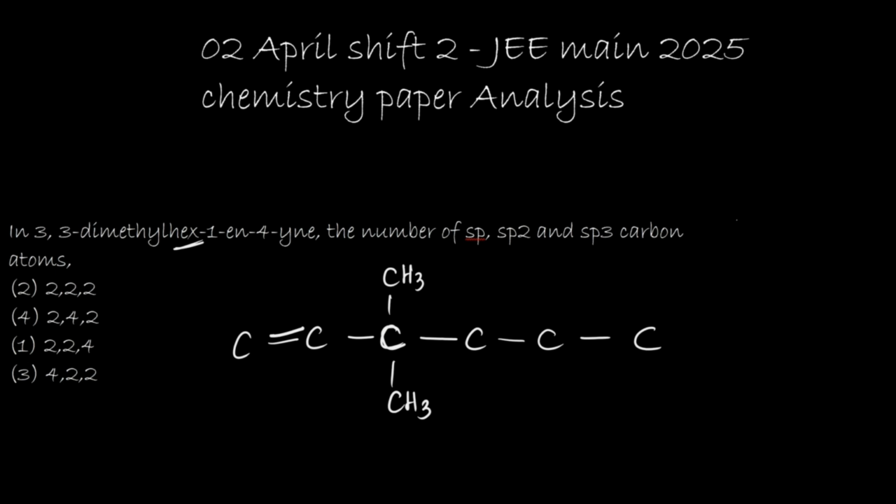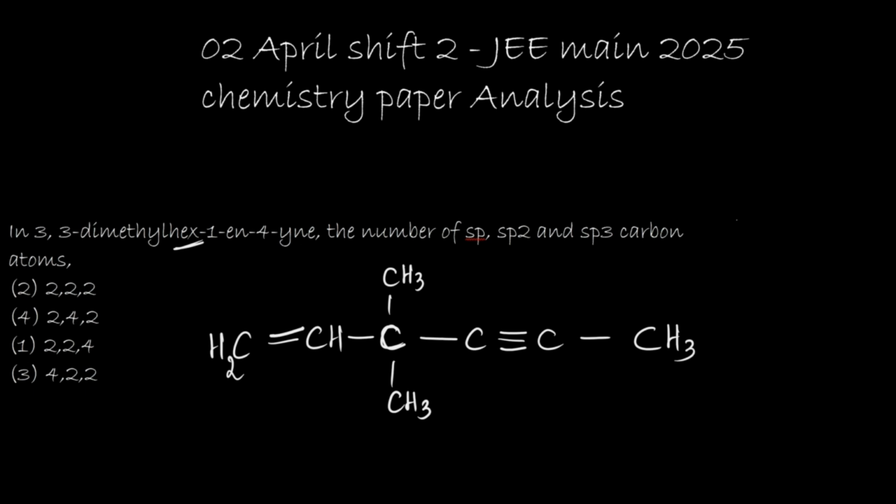Then this is 4-yne, right? Remaining are hydrogens. So the remaining 2 hydrogens will be there. Here 1 hydrogen, no hydrogens, no hydrogens, no hydrogens, and finally 3 hydrogens. So how many are sp2, sp3 and sp carbons?